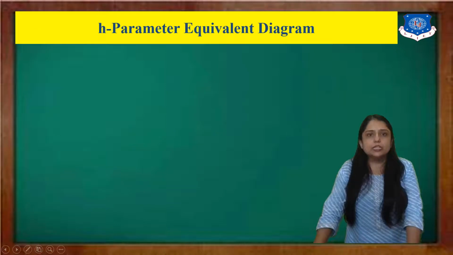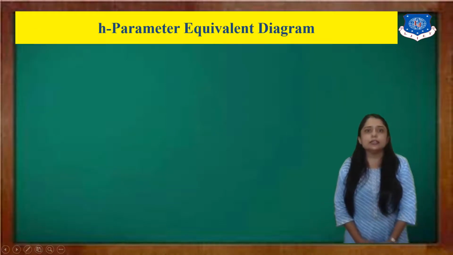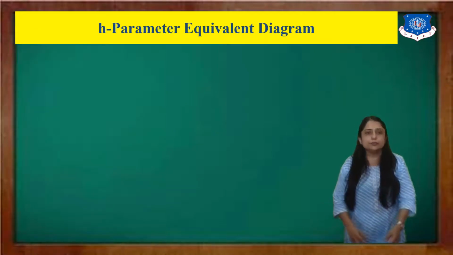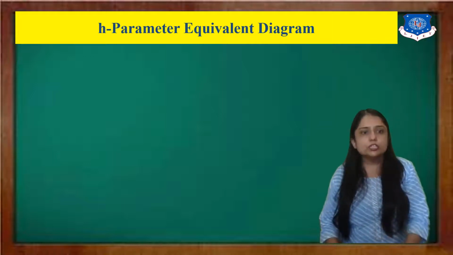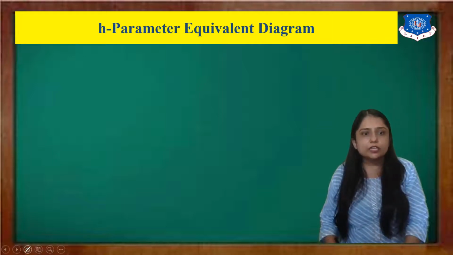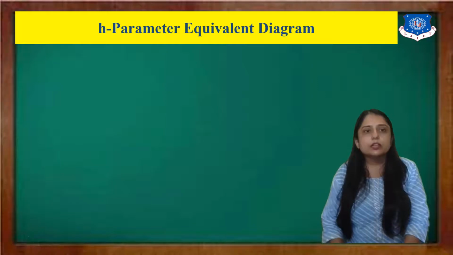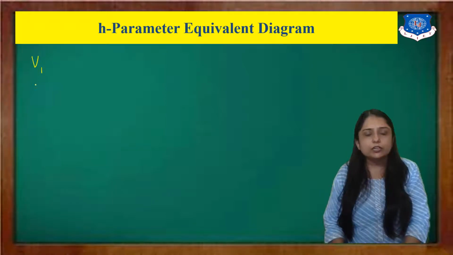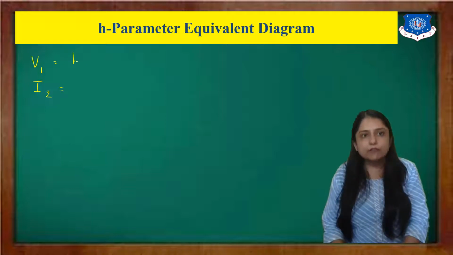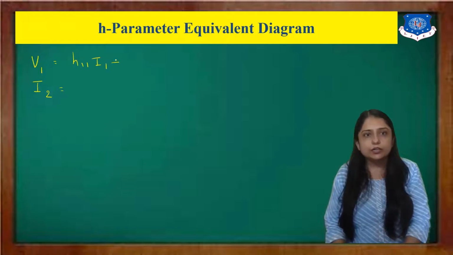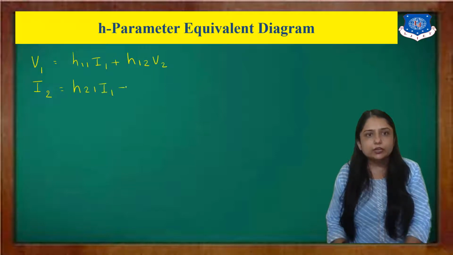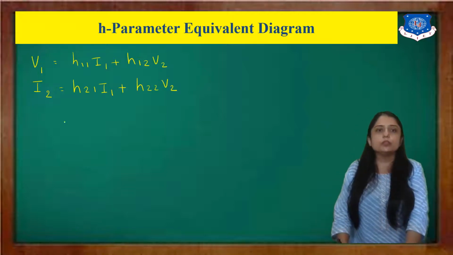Next, we will discuss the equivalent diagram for the H parameter. First of all, we have to write down the equations, which are in terms of V1 and I2. Here I have H11 into I1 plus H12 into V2, and here H21 into I1 plus H22 into V2.